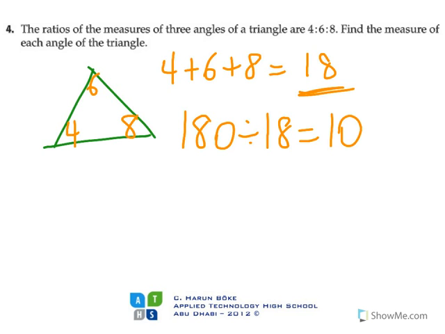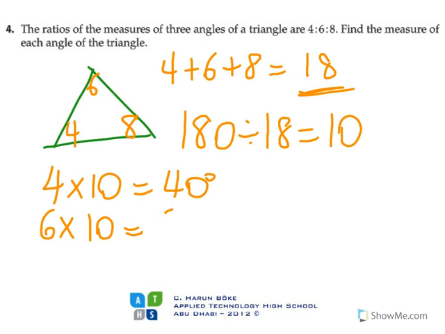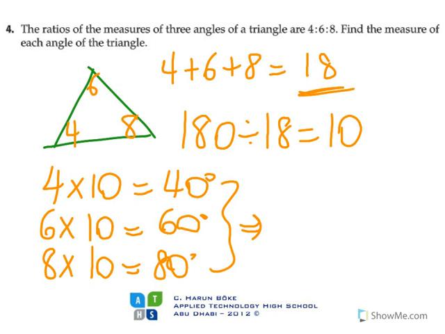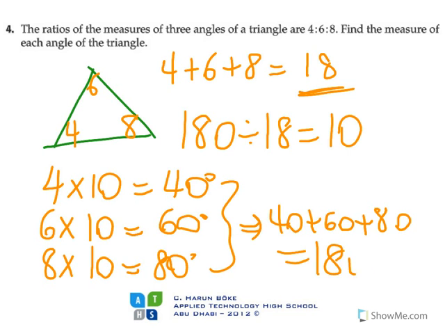So for the angle which is 4, I multiply it by 10, and it is 40 degrees. For the angle with 6, I multiply by 10 and get 60 degrees. And for the angle with 8, I multiply by 10, I get 80 degrees, which in total gives you 180 degrees, as you see.